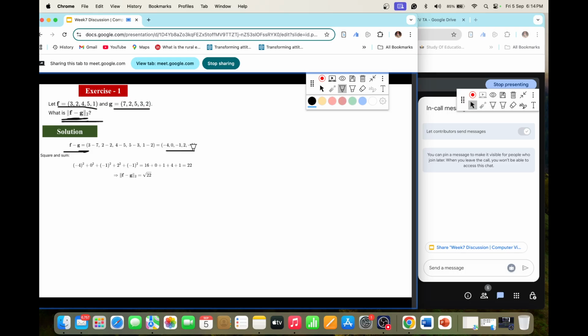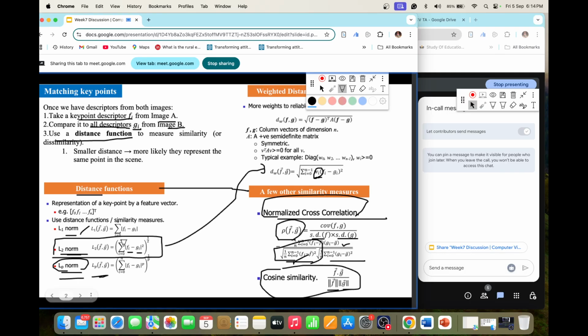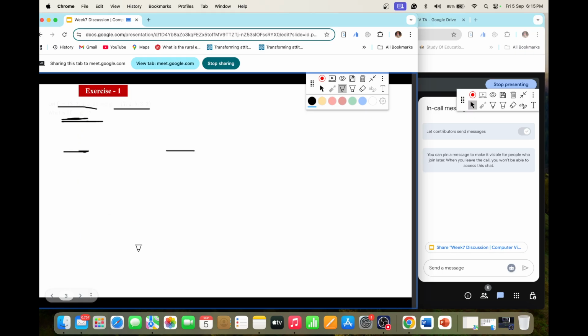Once we have f minus g, it is very easy. We have to sum over the squares and then root over, that is our L2 norm. So we square all the fi minus gi's and add up.